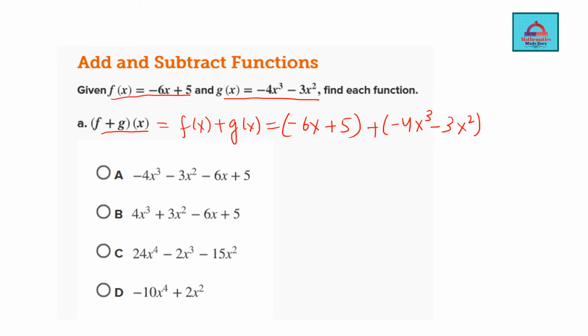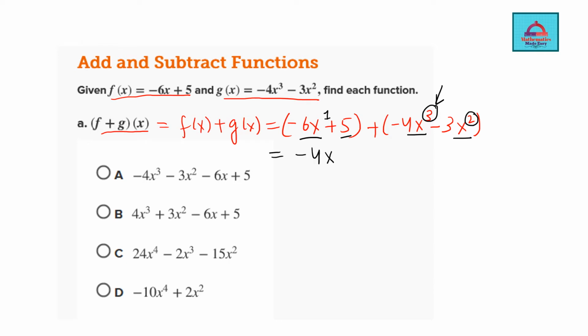While you are adding, you have to observe whether they have any like terms that we can combine. This has power of degree 1, this is a number, this has degree 3, this has degree 2. All terms have different degrees, so there is no like term, but the highest degree here is power 3. Always when you are giving your answer for addition of 2 functions, you have to give it in standard form. This means first you write the term which has the maximum power.